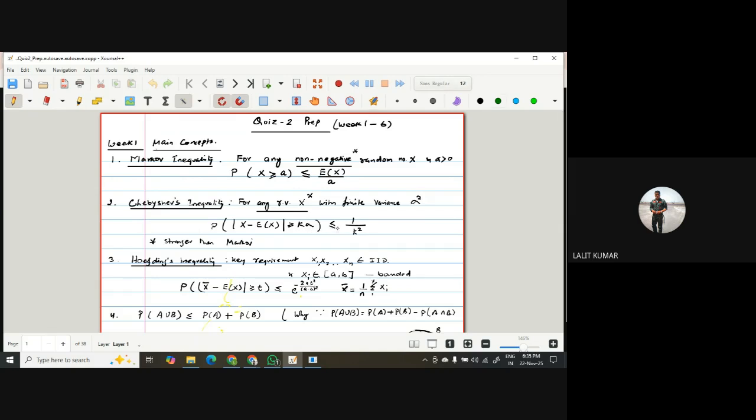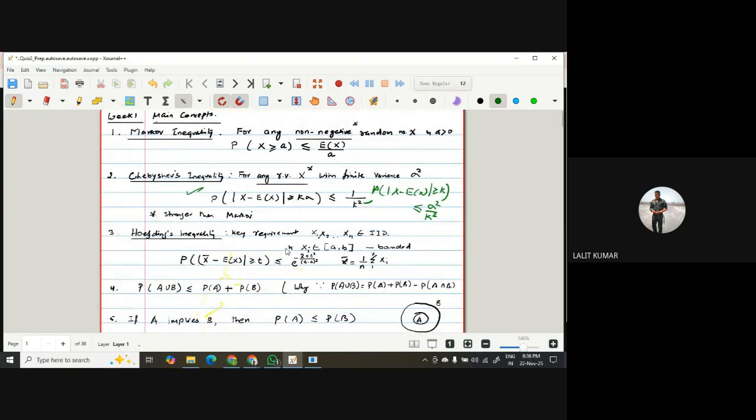This is also written at many places as P of |X minus E[X]| greater than k is less than or equal to variance divided by k square. So both are the same, Chebyshev. It is stronger than Markov's inequality.